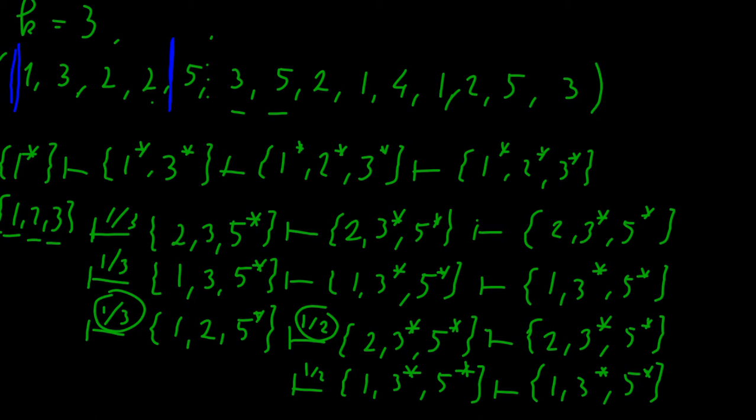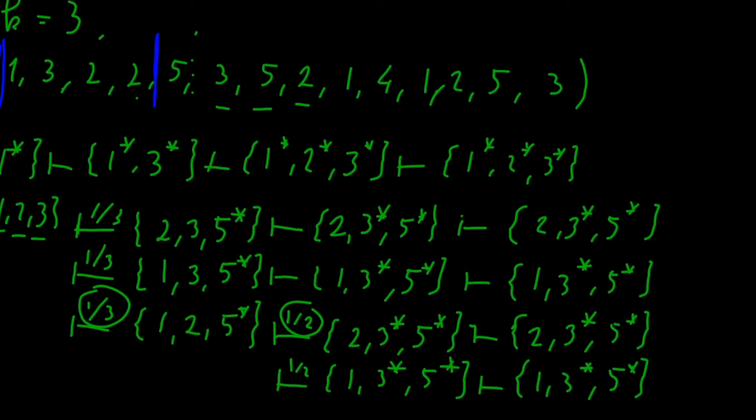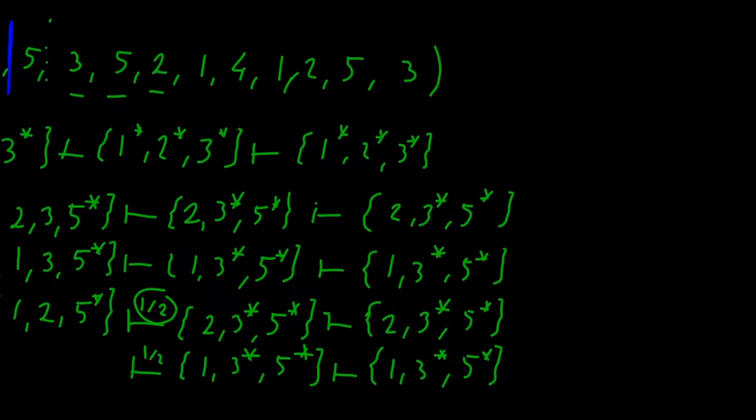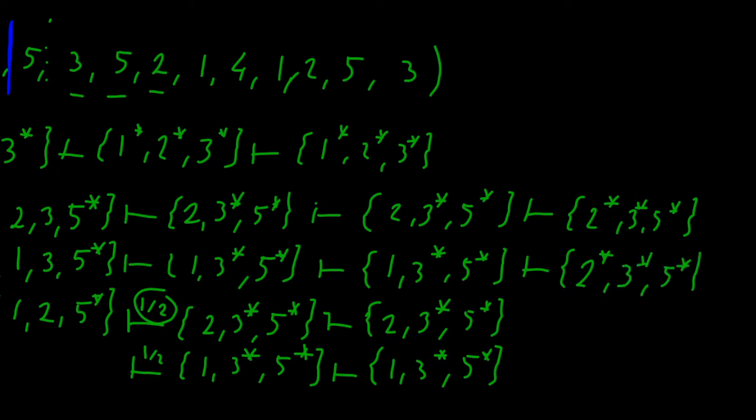So if we just now process the 2, then this one here doesn't cost us anything on this path, but we have to mark that, and we already have the 3 marks. Here I have to discard the 1, but now I don't have any choice. This is the only page which can be discarded, so here I'm discarding the 1, and I will have the 2, 3 and the 5 in the cache.